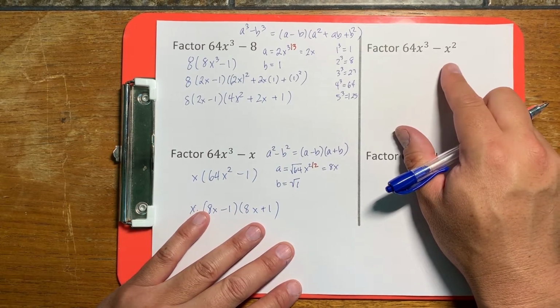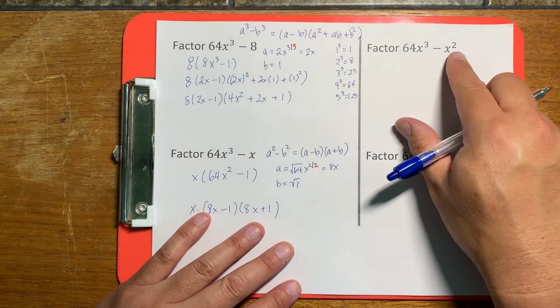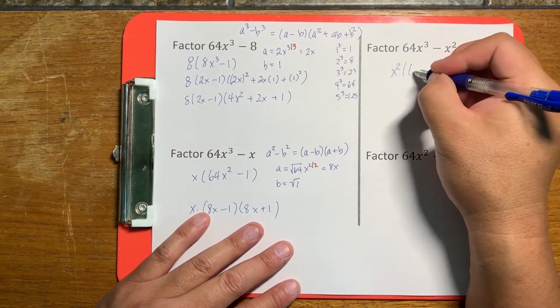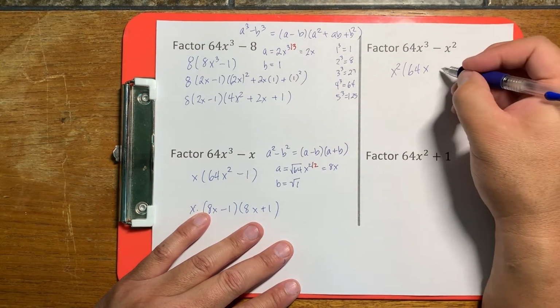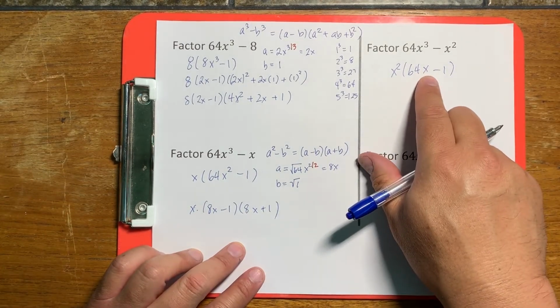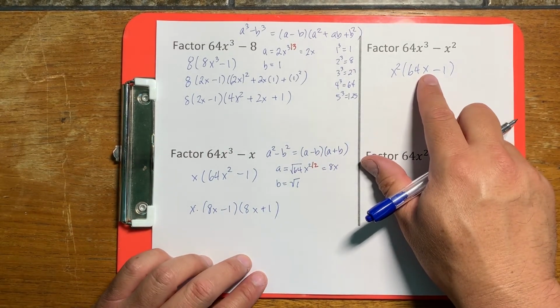So this typically is the problem my students get wrong the most. The first thing we're going to do is pull out the GCF, which is x squared. And then we stop. Because we have an x with the exponent of 1, there's no factoring anymore. It's done. It's prime. So you just stop at this point.